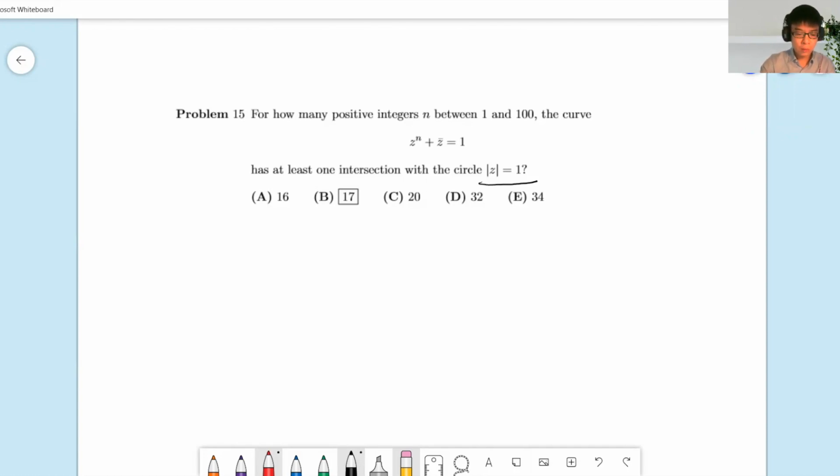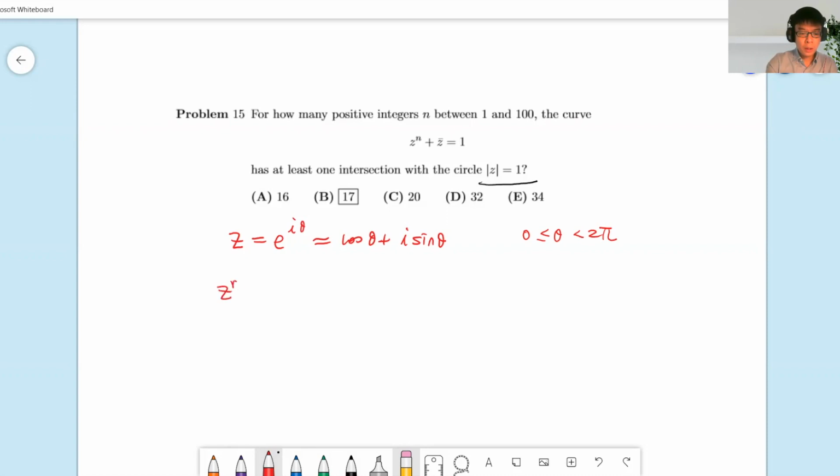So let's just assume z is an intersection, so z can be expressed as exponential I theta. So according this is cosine theta plus I sine theta. And we have theta between 0 and 2 pi. And then when plugging, there exists certain integer n, make this happen.